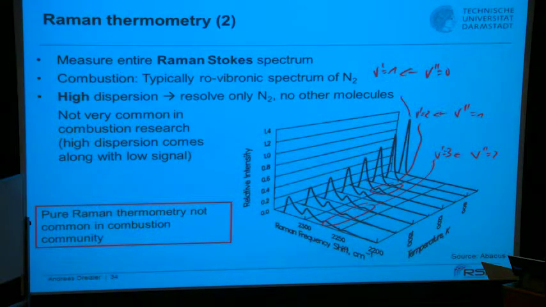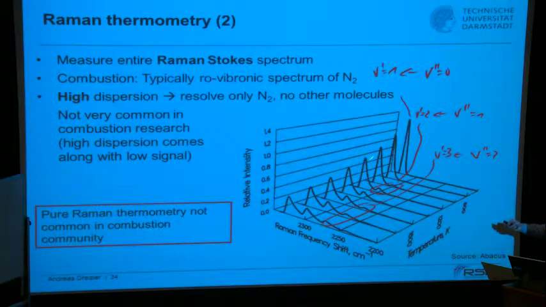Okay. Maybe to test whether you have taken the main message, can anyone explain to me why, if you go from low temperatures to high temperatures and staying here with the band from 0 to 1, that branch is getting broader? This is the Boltzmann distribution. Higher J levels are populated, and that's why the envelope is getting broader, okay?